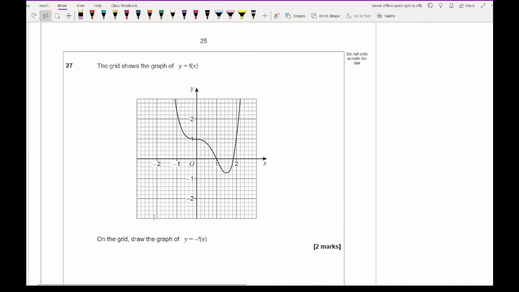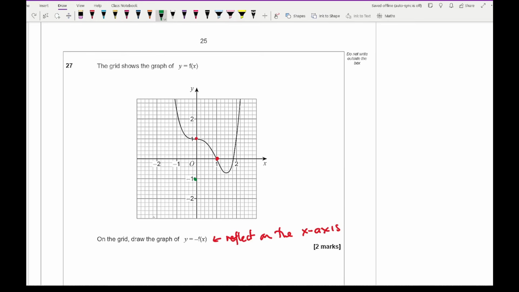Then moving on to question 27, it says the graph shows the graph of y equals f of x, and it says draw the graph of minus f of x. So for this, what we want to do is reflect in the x-axis. So looking at the key points, which are these two, if I reflect that, then that's going to end up going there.